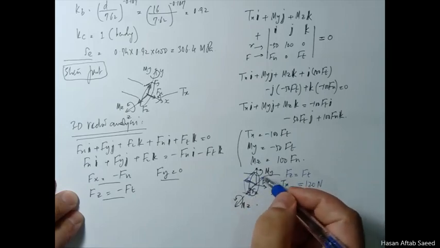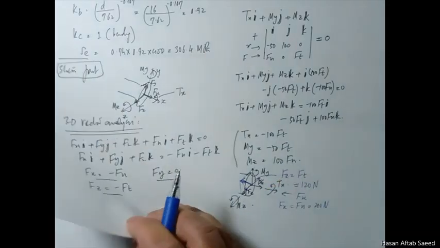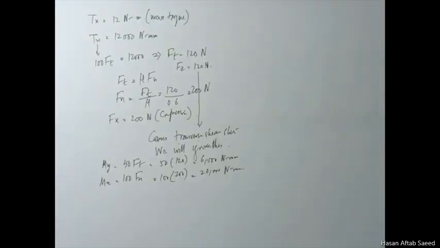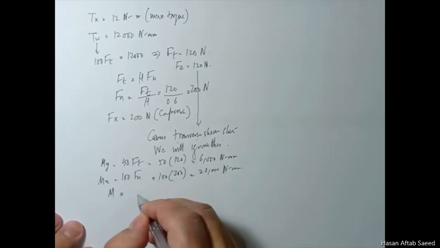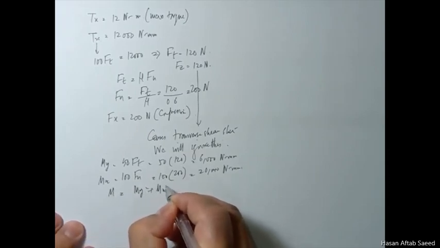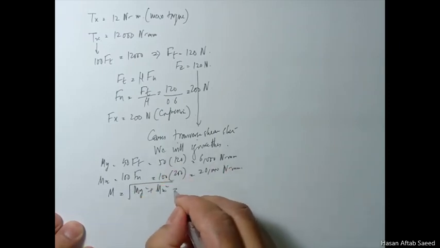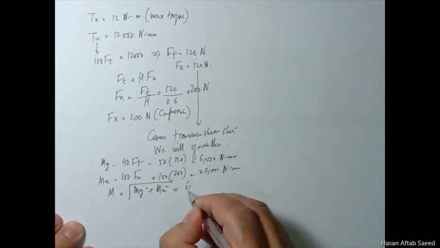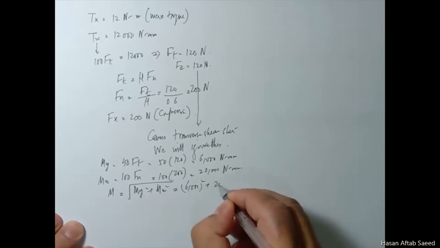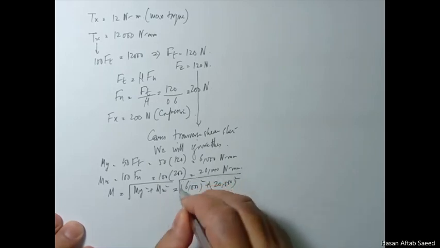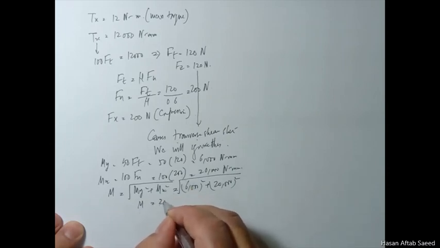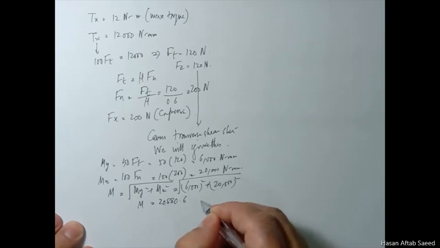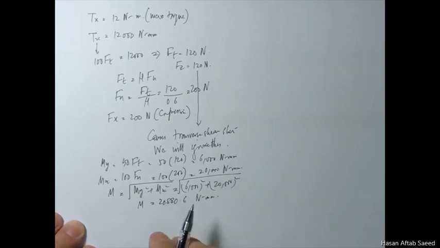My, Mz, they produce normal stresses. You can add them vectorially, obviously, and you can simply get the value of the square root of My square plus Mz square. Again, this is nothing new. This is your simple mechanics of materials. 6000 square plus 20,000 square, and M turns out to be 20880.6 newton millimeter.